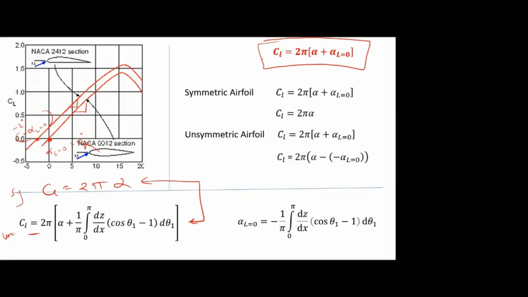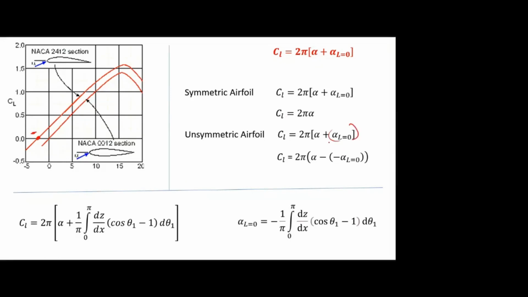For example, if you apply this in the symmetrical, so we are getting 2 pi alpha. And for unsymmetrical aerofoil, so alpha L is equal to 0 is some negative value.